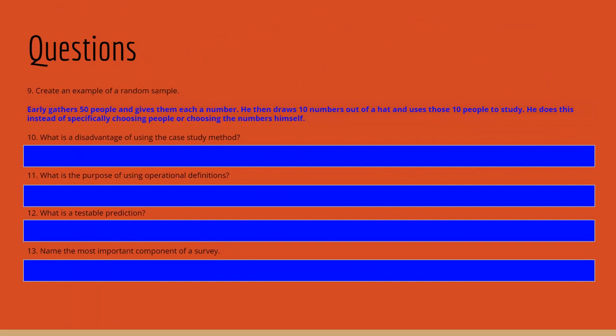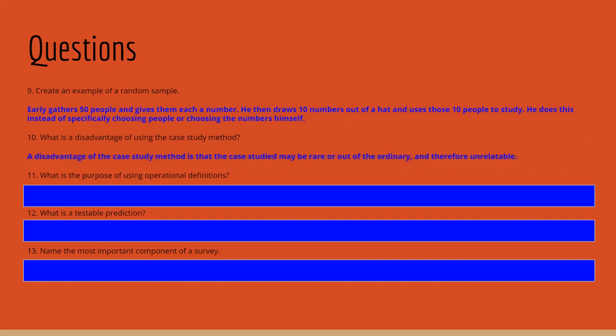No, that's not a random sample because that's not random. You just chose that yourself. It's also not random to say 1, 3, 5, 7, 9. Any sort of thing where there's a reason why you're choosing those numbers. It's got to be as random as possible. It could be that if you choose out of the hat, you happen to get those numbers, but it's got to be as random as possible. You didn't choose them.